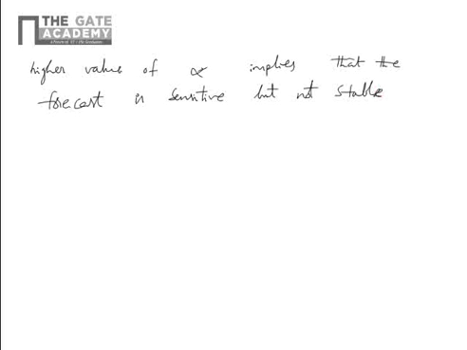So if you are giving higher values of alpha, that means you are giving more weightage to the recent values, which is more sensitive to the recent values. But not stable.